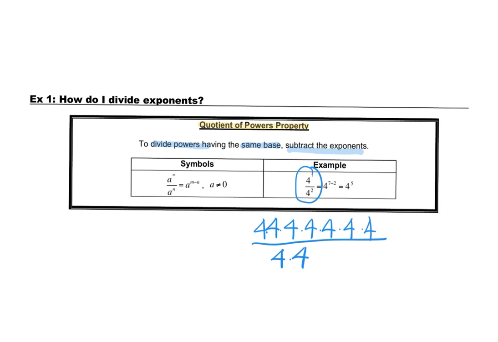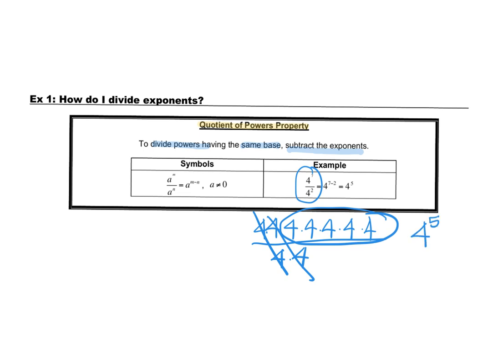If you have a 4 divided by 4, you know that's going to result in 1. And we have another 4 divided by 4 that gets canceled out, and that results in 1, leaving us with 5 4s. So we would write that as 4 to the 5th power.